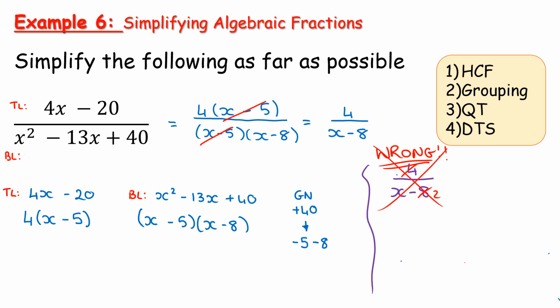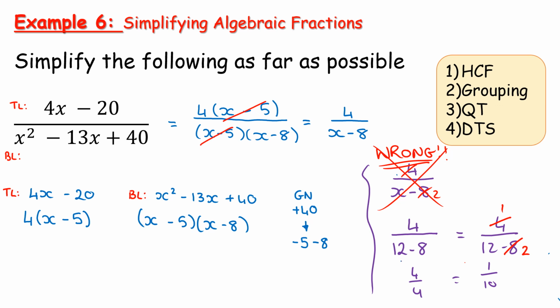That is not right, because let me give you an example. 4 over 12 minus 8. Would that be the same as 4 over 12 minus 8 doing that cancelling? So that would be 1 and that would be 2. So would that give me the same answer? So that would be 4 over 4. And then this will be 1 over 10. Like, they're completely different answers.